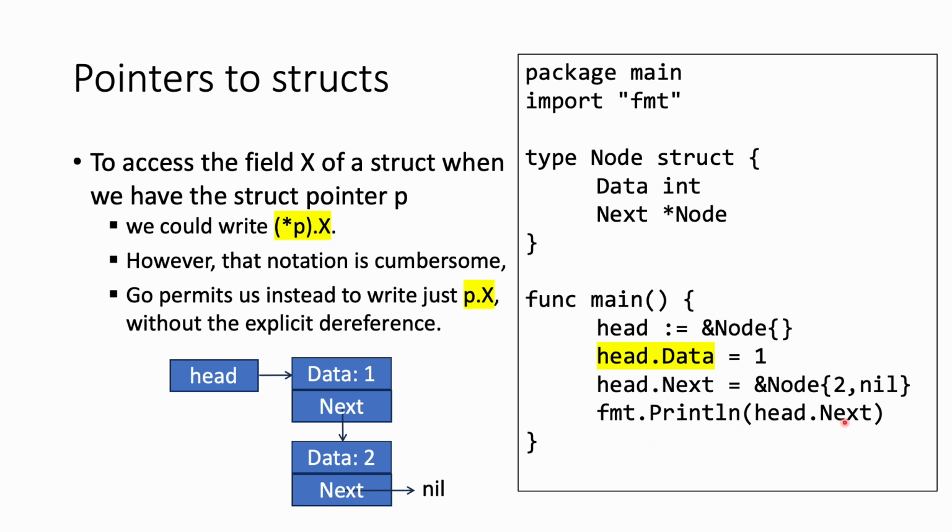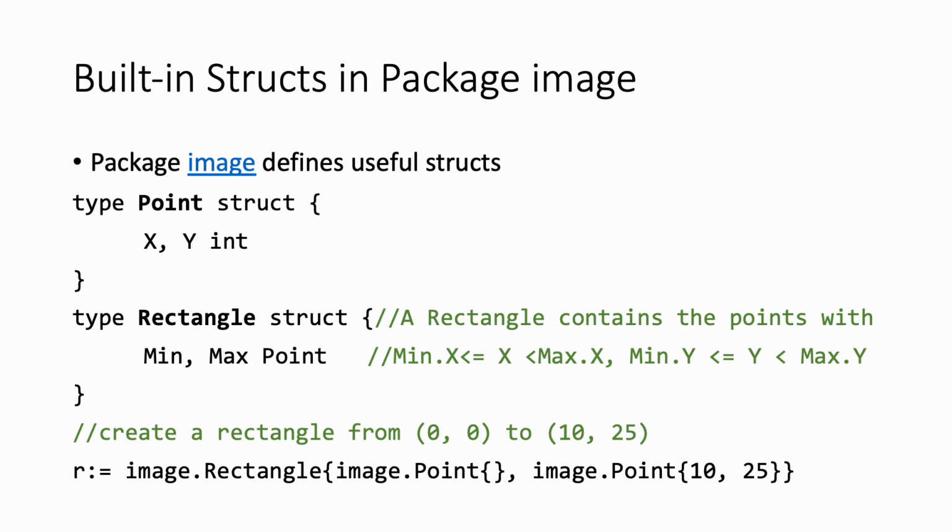And we can also print out head.next, which is the same as printing out (*head).next. We have learned all basics of pointers and struct in Go.